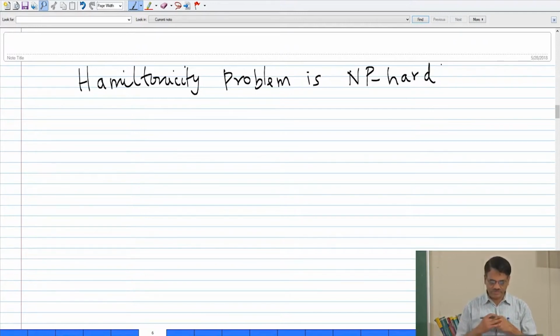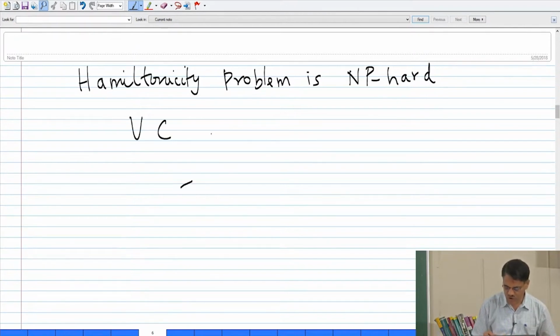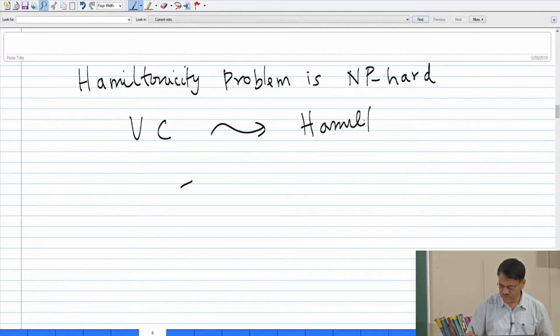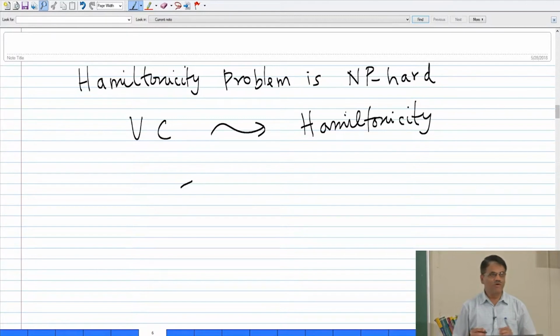So here is some high level intuition. I'm going to reduce from vertex cover problem. Why? Somehow both are covering problems. Okay, that's the best explanation I can give. Since I know it, I can tell you this.